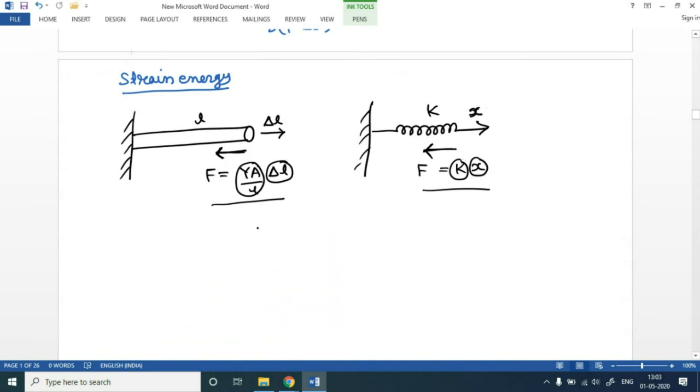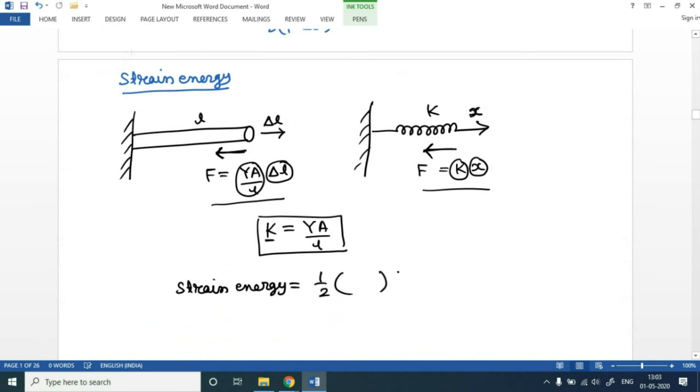Now comparing these two equations, these two parts are elongations, so these are the proportionality constants. We can very safely say that if this wire behaves like a spring, meaning it obeys Hooke's law, then the effective spring constant of this wire would be simply K is equal to YA by L. In that case, the strain energy, which in a spring was equal to half kx square, would be half k into x square.